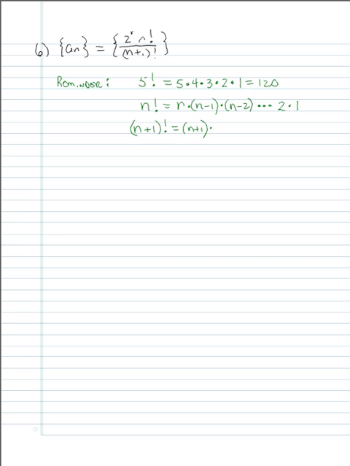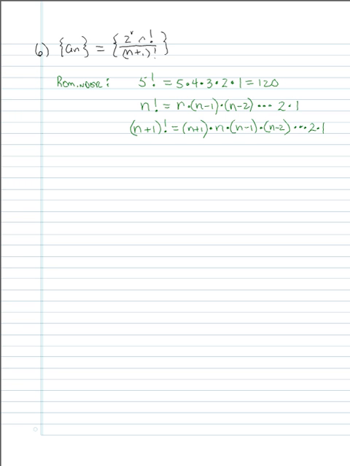Now multiply that with a number that is 1 less than n plus 1. Well, if we take n plus 1 and subtract 1 from it, we're at n. And then we would multiply that by a number that is 1 less than n, and that would be n minus 1. And then we'd multiply that by a number that is 1 less again, that would be n minus 2. And we would continue doing this until we got down to a 2 times a 1.